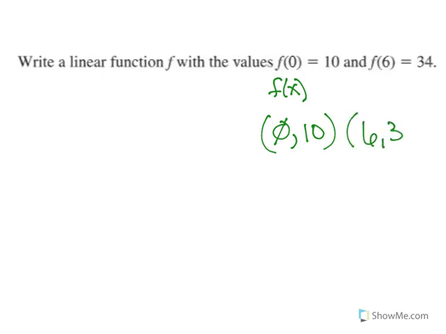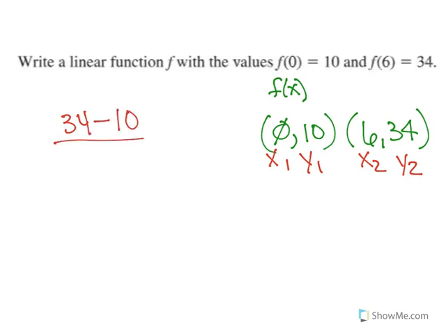And so you have these 2 points to do what we just did. So put on top or on bottom x1, y1, x2, y2, and then let's put it in our formula. So y2 minus y1 over x2 minus x1.